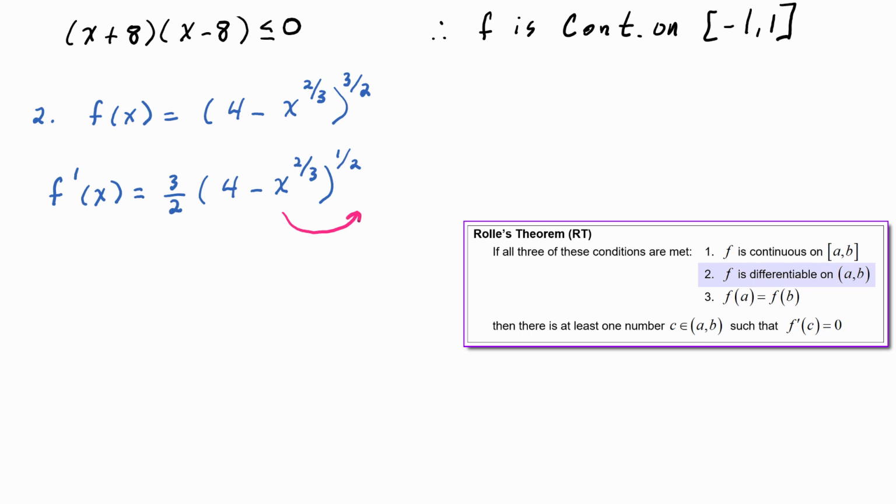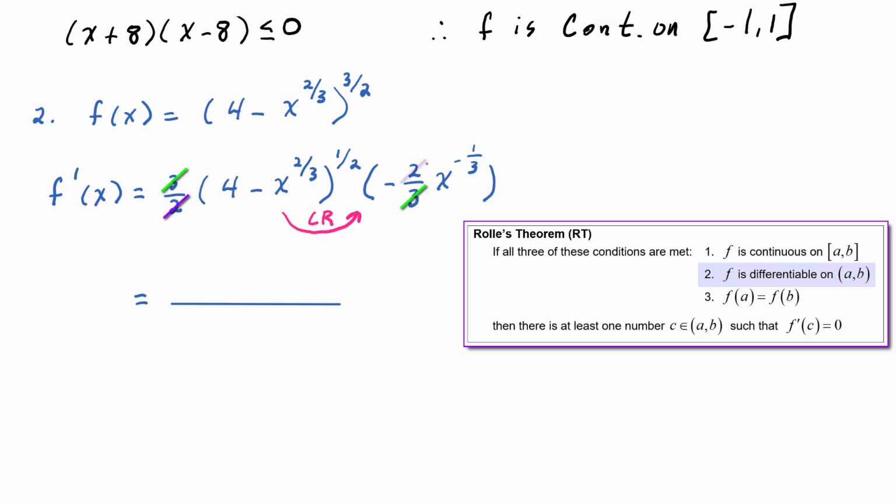And then the chain rule says that we have to take it times the derivative of what's inside, which would be -2/3 x to the 2/3 minus 1, which is 2/3 minus 3/3, which is -1/3. Now we can write this as a rational expression. Now the 3 in the numerator here will cancel with the 3 here.